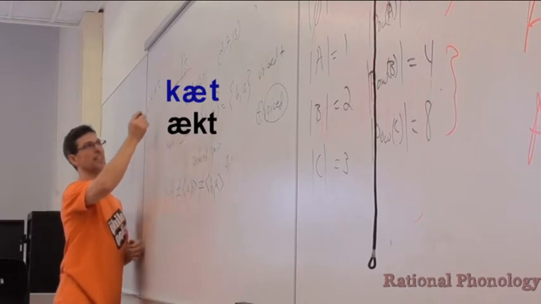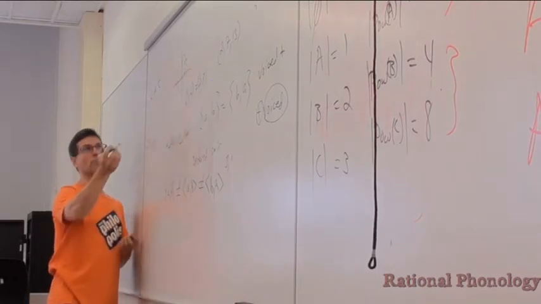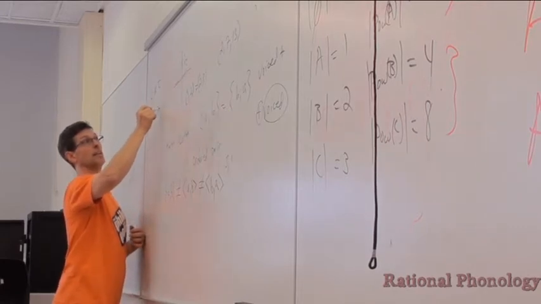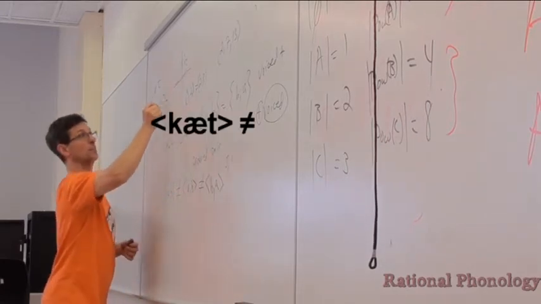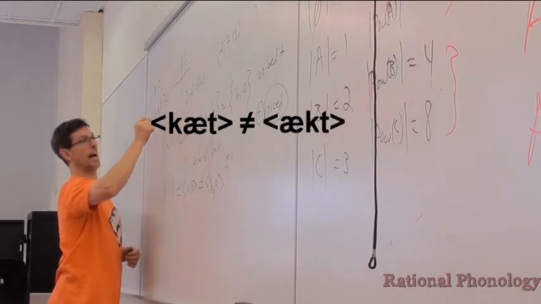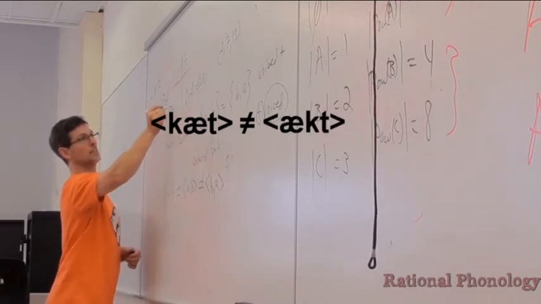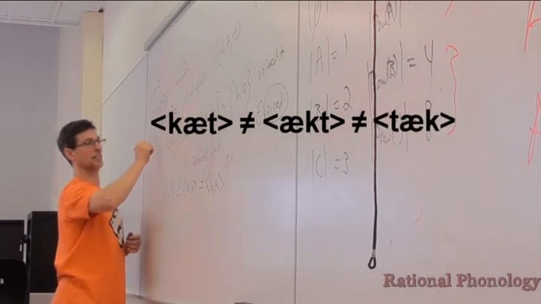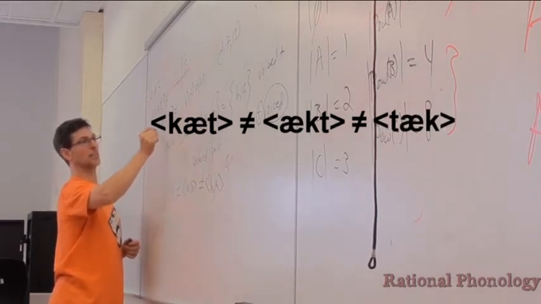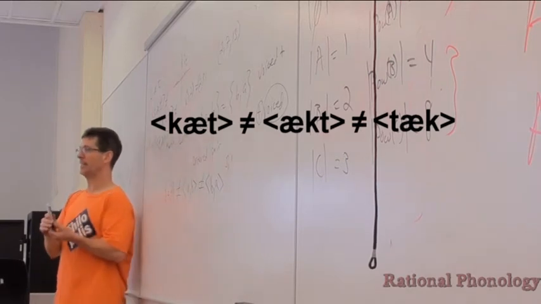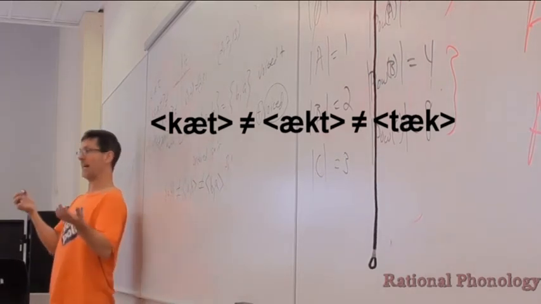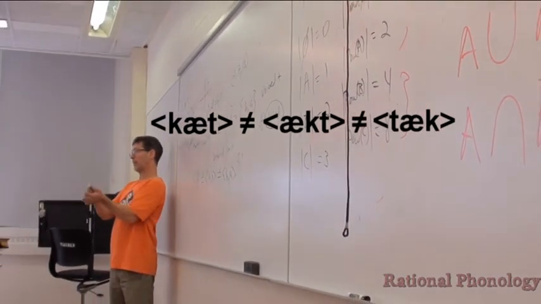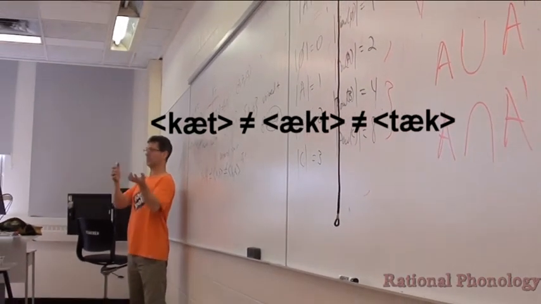So we can represent morphemes or words as ordered sets of segments. So this is different from ⟨a, k, t⟩, which is different from ⟨t, a, k⟩, right? So it gives us a way of formalizing the idea of a string as an ordered tuple of segments.